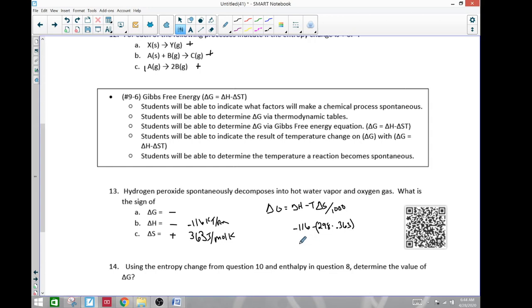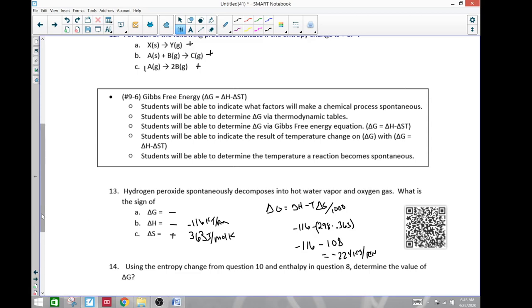Okay, so I have a negative 116, and then it is negative 108, equals, plus 116 is a negative 224. Negative 224. And this is going to be in kilojoules per reaction cycle.